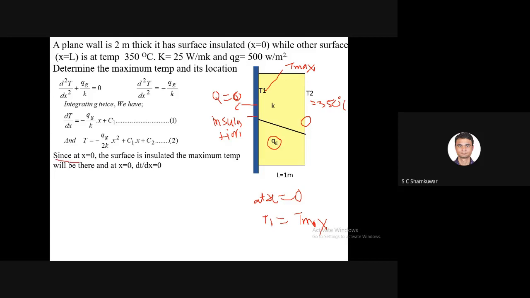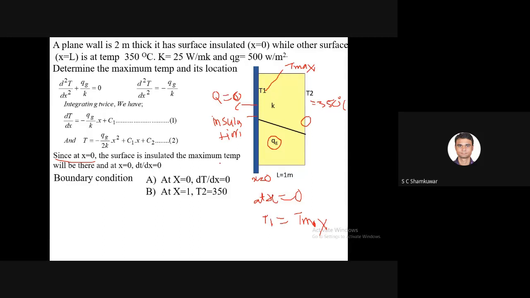If you see, at x is equal to 0, the surface is insulated, so the maximum temperature will exist there. Therefore at x is equal to 0, dT by dx is equal to 0. This is the condition we have seen: whenever a maximum temperature exists, dT by dx is equal to 0.